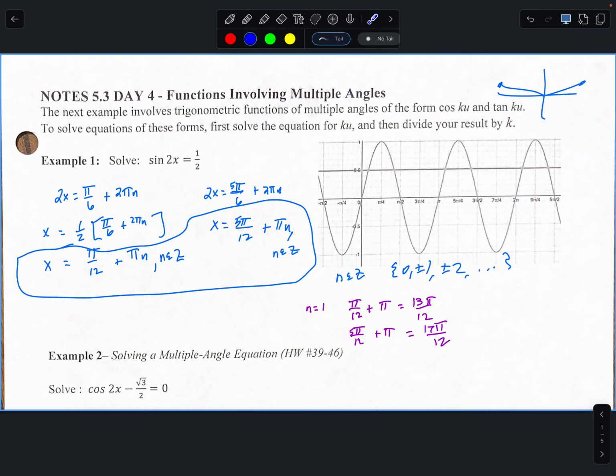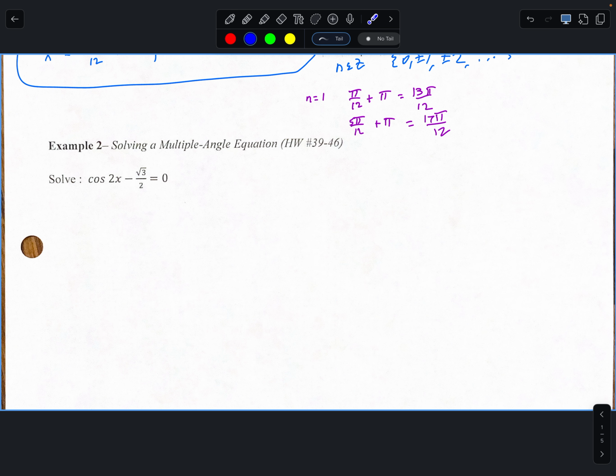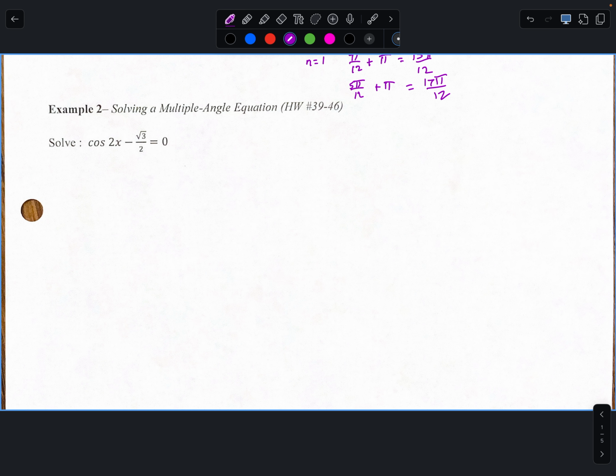Here we go. Well, we want to get the trig function with the multiple angle by itself. And then you need to figure out for what angles is cosine going to be root 3 over 2. And it's going to be a quadrant 1 and a quadrant 4 angle because cosine's positive in 1 and 4.